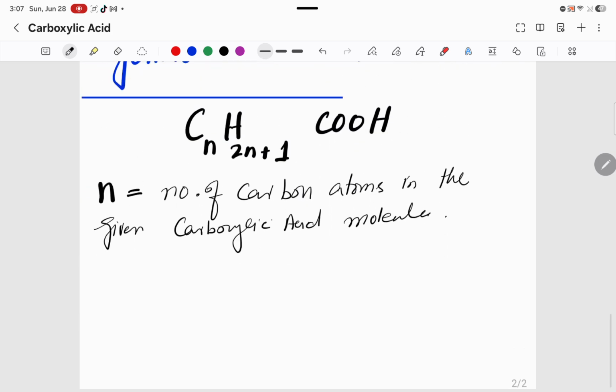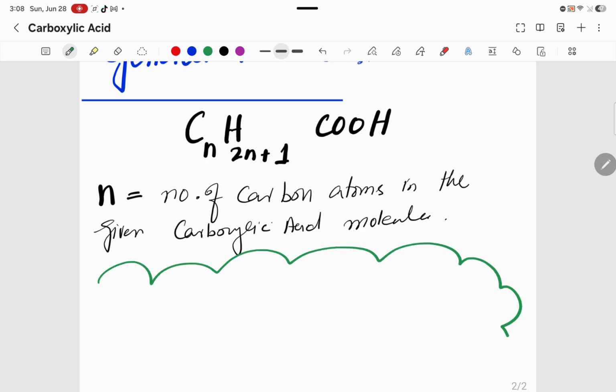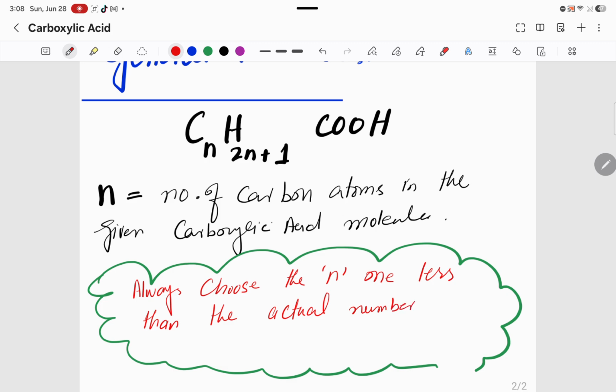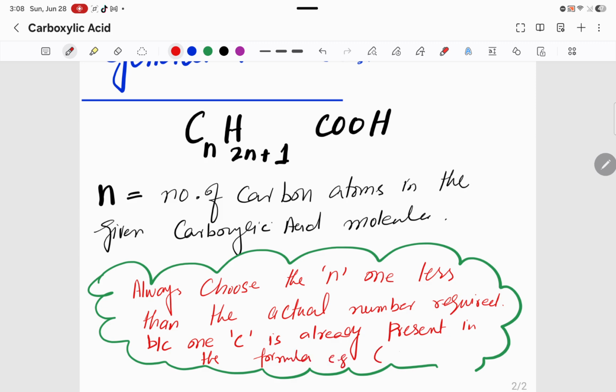There is a very important point to remember while writing the formula of the carboxylic acid, and that is always choose the n one less than the actual number required, because 1C is already present in the formula, that is COOH.